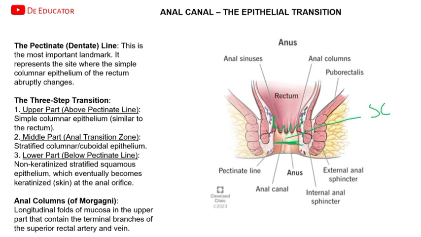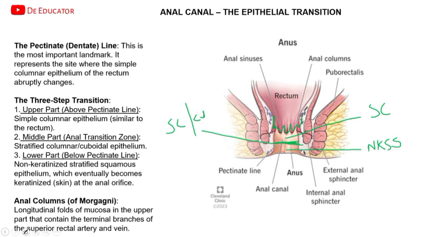The middle part is stratified columnar. So this line here, this pectinate line, is stratified columnar or stratified cuboidal. Then the lower part is non-keratinized stratified squamous epithelium. So we have gotten the answer already.